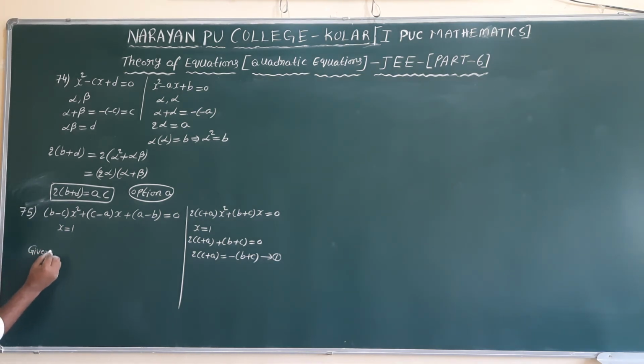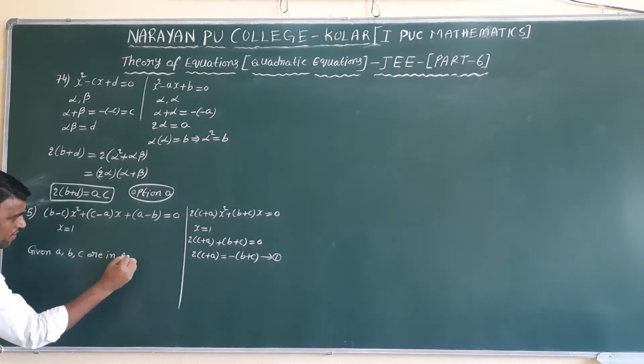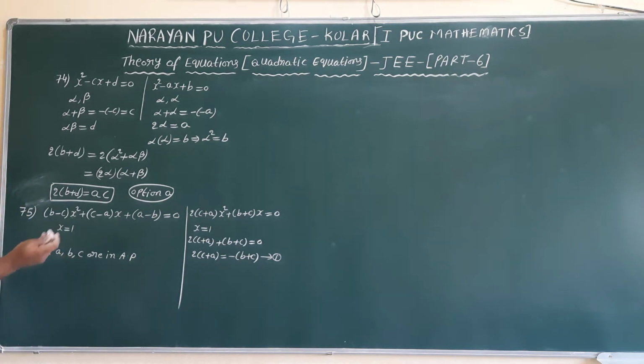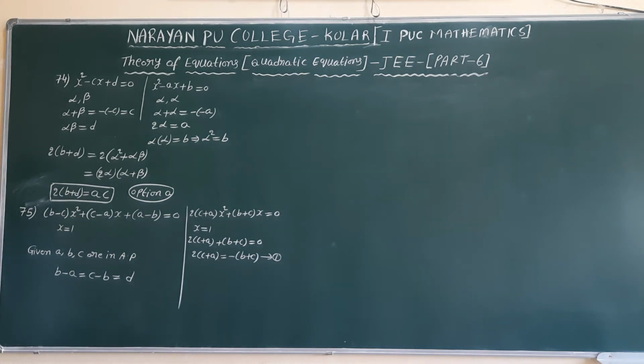And next, they given A, B, C are in AP. So the difference is equal. So B minus A equals C minus B equals D. That is the difference.